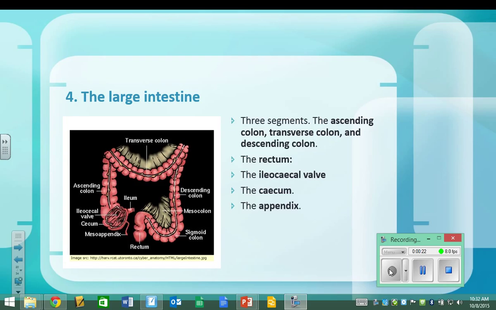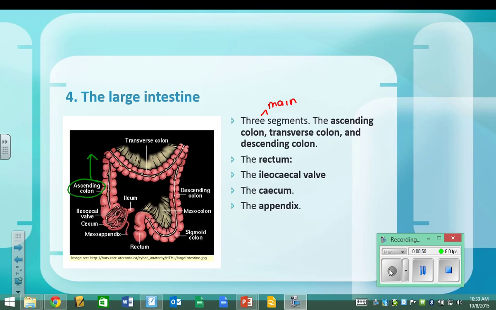The first thing you need to recognize about your large intestine, and I drew one yesterday, I told you it looked like someone's hair, basically, is that there are 3, let's call them main segments. There's actually a bunch of little structures that we could name, but the 3 main segments are what we would call the ascending colon.